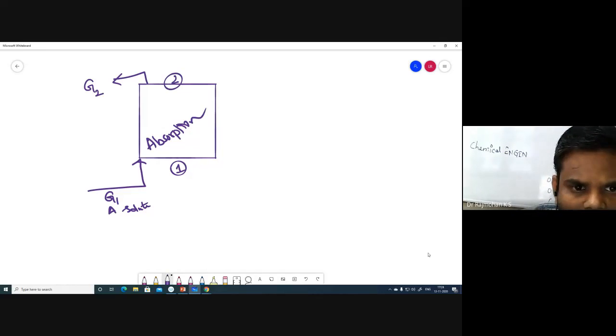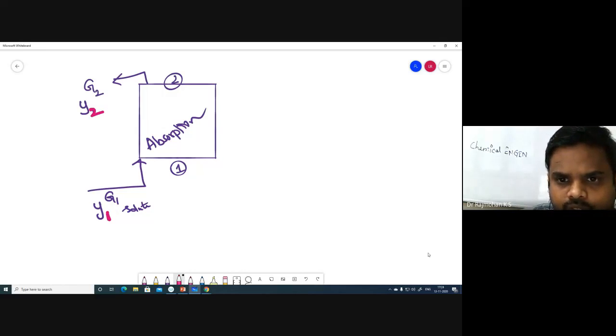It contains A, so we can say mole fraction of A here. For the gas phase, we write Y as the mole fraction, so we have Y2 and Y1 as the corresponding mole fractions.